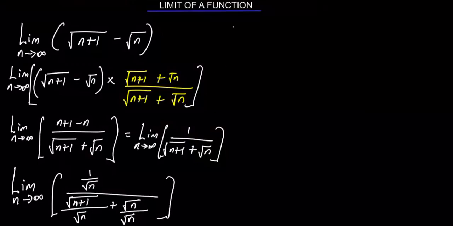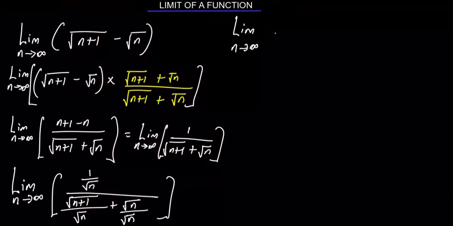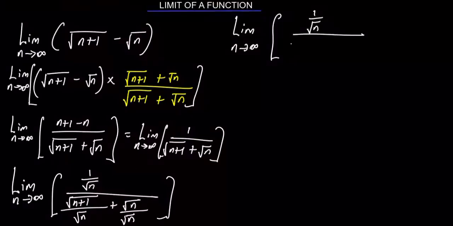So this will give me the limit as n tends towards infinity of 1 all over what? Square root of n, to give me 1 over square root of n, all over, this can be written as square root of n plus 1 all over n.